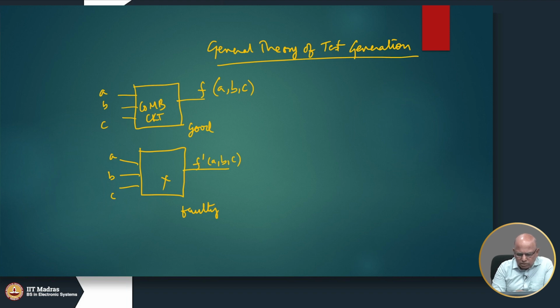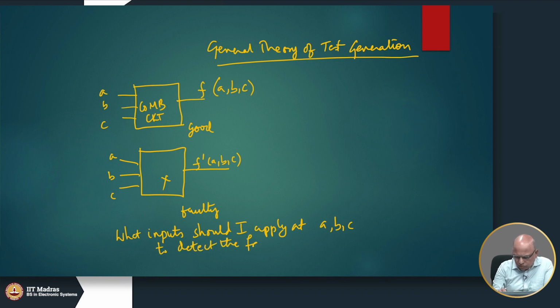Now, when do we say that we have detected the fault? What inputs should I apply at ABC to detect the fault? So, that is what it is all about, right.